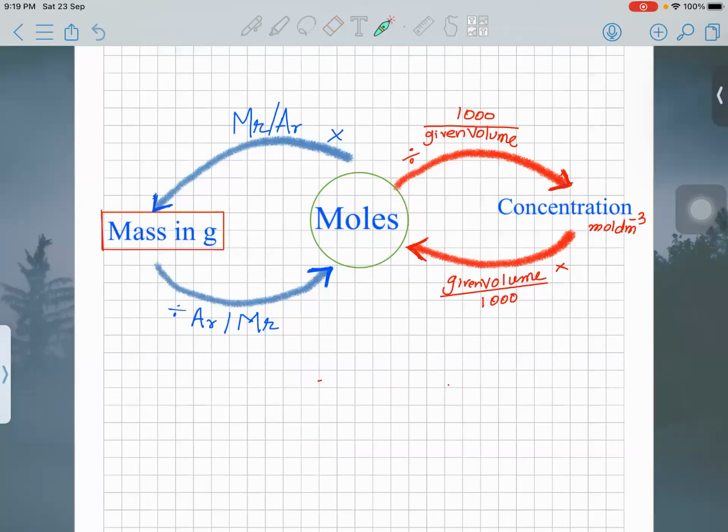मोल को डिवाइड करना पड़ेगा गिवन वॉल्यूम से और 1000 से मल्टीप्लाई करना पड़ेगा. So mole divided by given volume is equal to concentration. अगर ऐसे समझने में मुश्किल हो रही है तो यूं भी लिख सकते हैं गिवन वॉल्यूम डिवाइडेड बाय 1000.